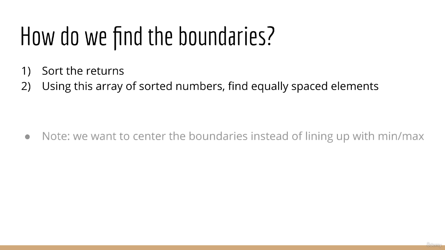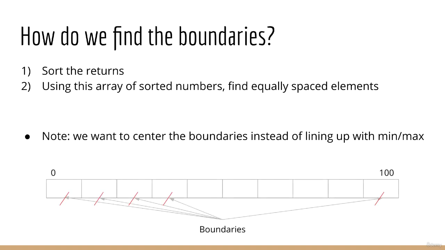Since we want our model to handle values that can stretch to infinity, the boundaries for our bins should be centered rather than lined up with the smallest and largest values. So for example, I would have a boundary of 5, 15, 25, 35, and so on, up to 95. In this way, the first 5 values will belong to the same bin as, say, minus infinity, and the last 5 values will belong to the same bin as plus infinity.